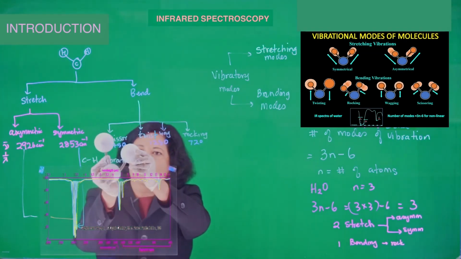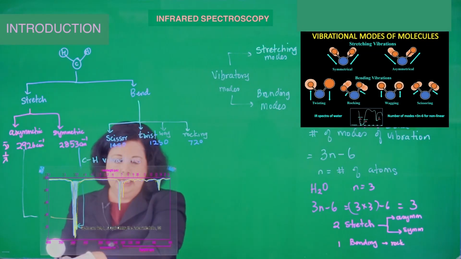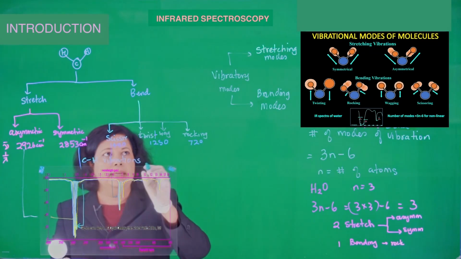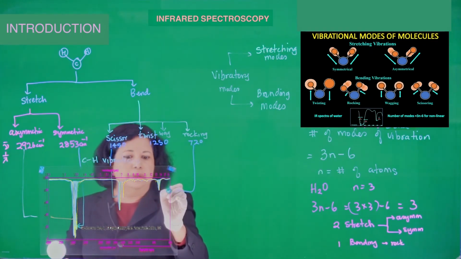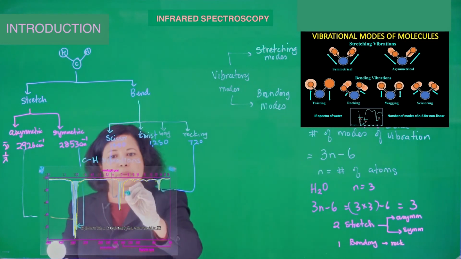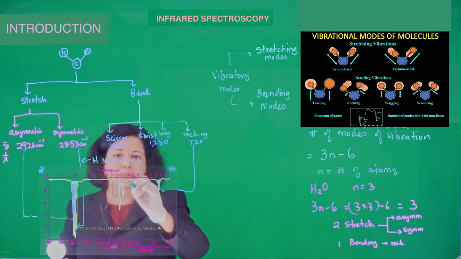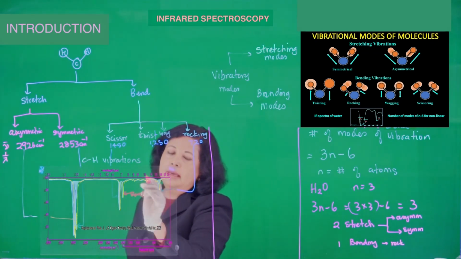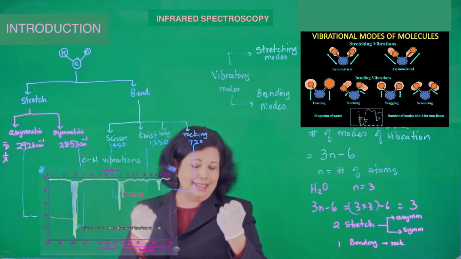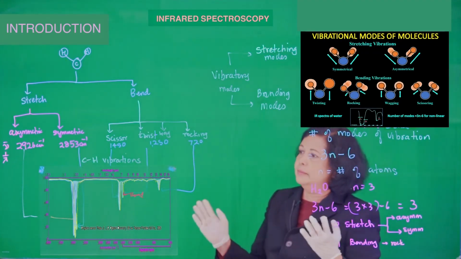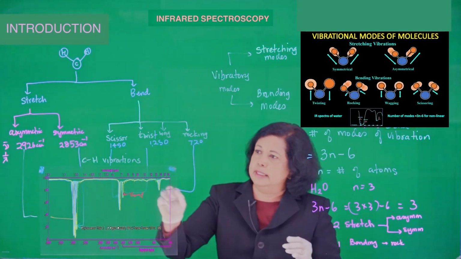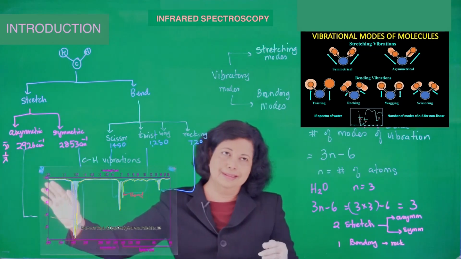Now here's your scissoring vibration, around 1450 is where you're going to see a scissoring vibration. And then the rocking vibration here around 720. And you typically get something around 1350. Let me say this is a bend. Sometimes you only see some of them because they're not really intense enough. Sometimes, like a carbon-carbon bond, you won't even be able to see it because it's kind of buried in here.